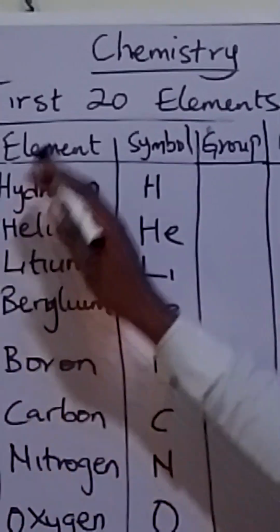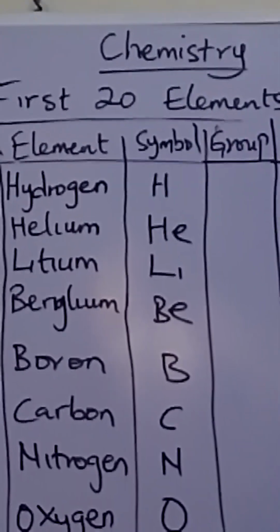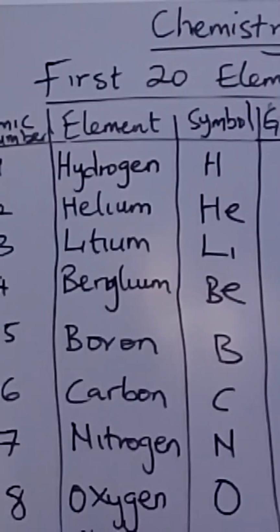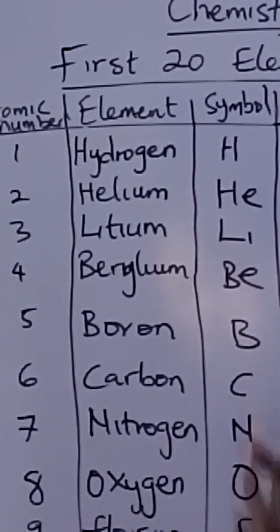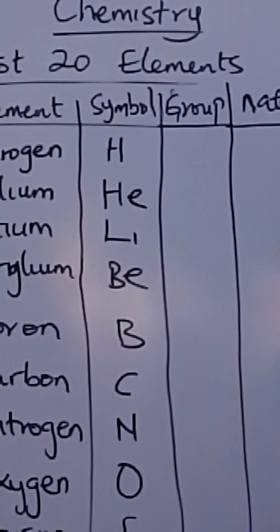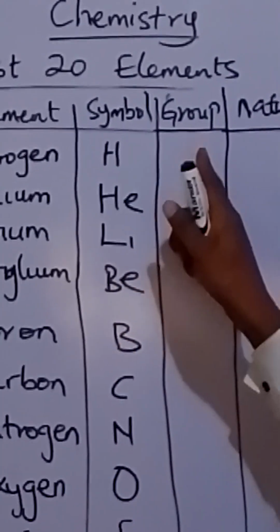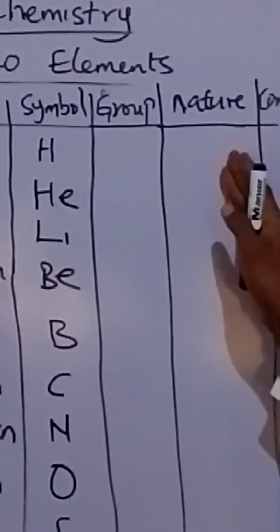So the first 20 elements, I have the atomic numbers here, the name of the element, the symbol of the element, and then I'm going to guide you into how we will get the group, the nature, and its configuration.